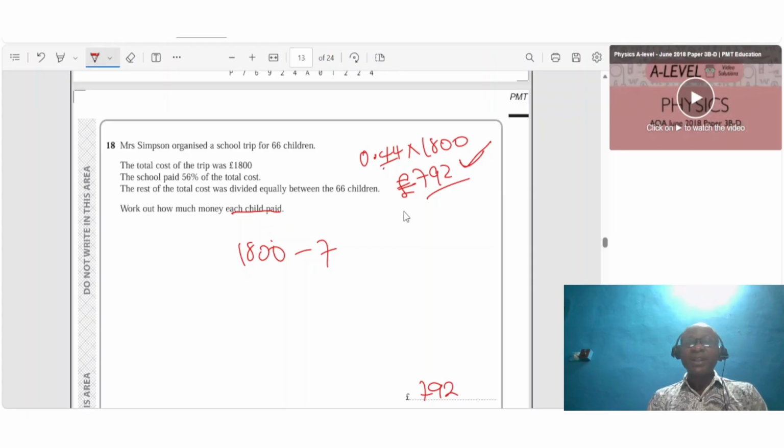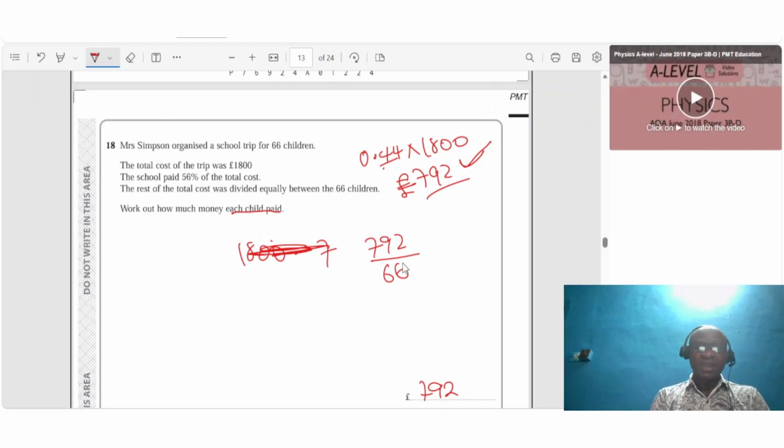Okay, this is what the children will be paying, because you have already subtracted, isn't it? So this amount that the children will pay, you now divide it to know how much each child will pay. There are 66 children. So this is the total amount the children are going to pay.